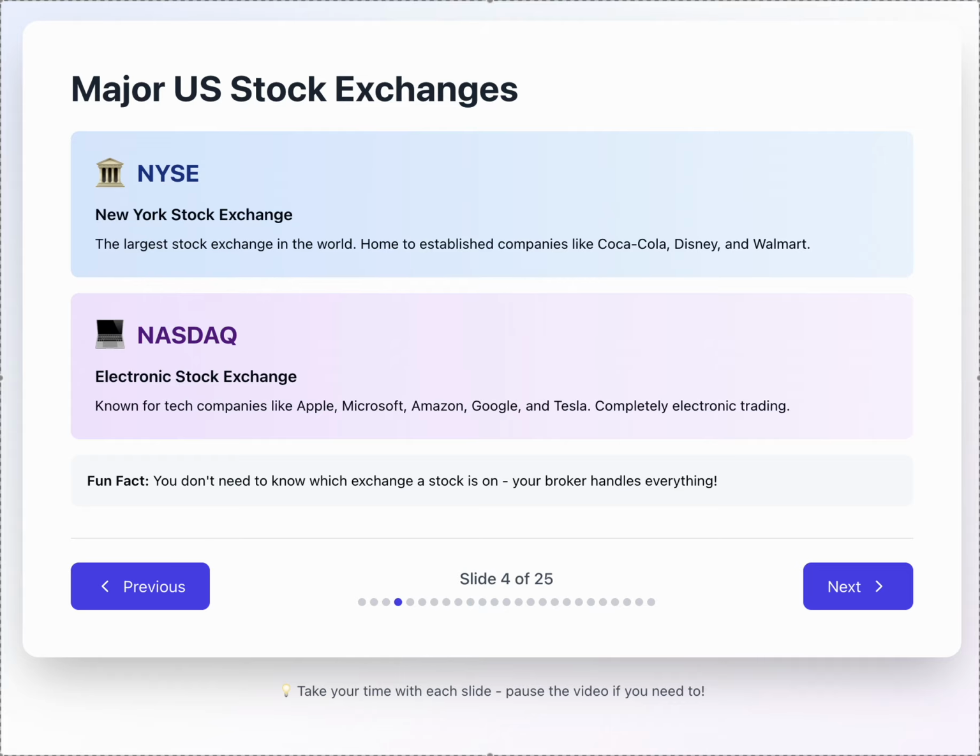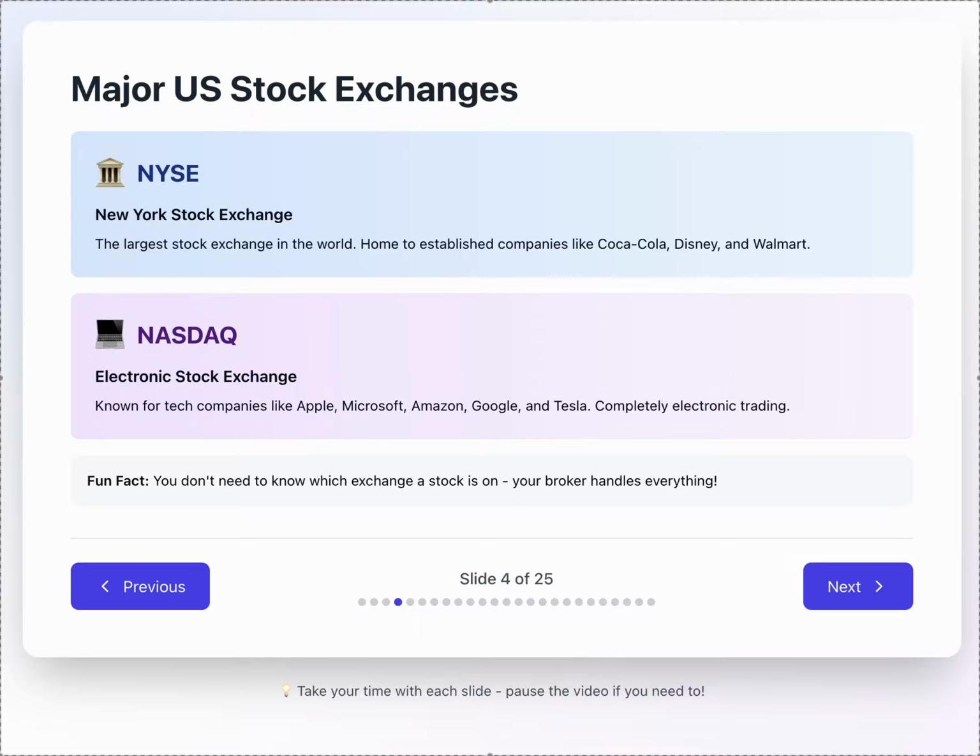So now let's talk about where stocks are actually traded. There are two main stock exchanges in the US. First, we have the New York Stock Exchange. This is the big one. It's the largest stock exchange in the entire world. You've probably seen it in movies, that building with all the traders on the floor yelling and waving papers.